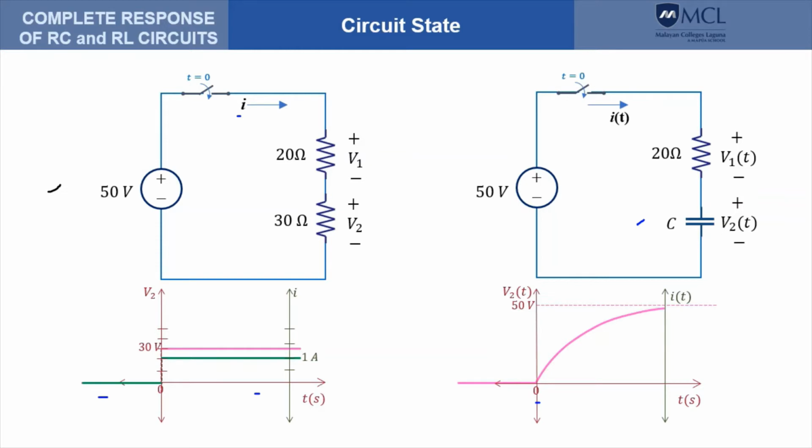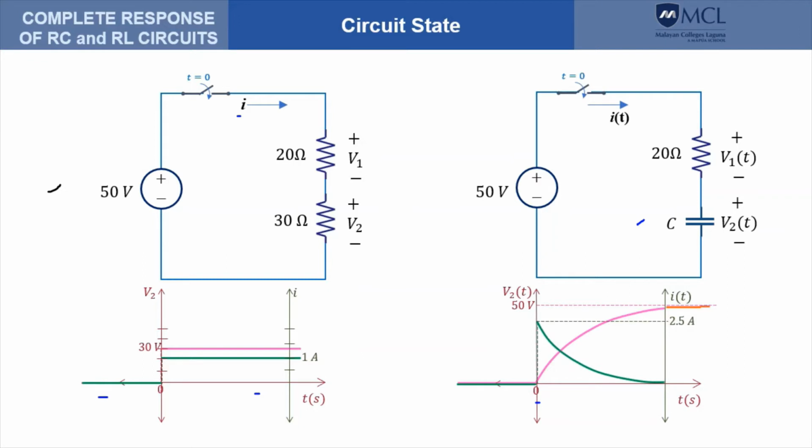The value of V2 does not exceed 50 volts and becomes constant as time progresses.